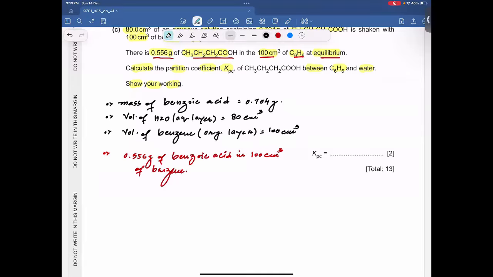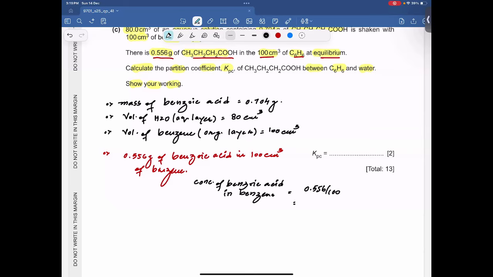So the concentration of benzoic acid in benzene is going to be 0.556 divided by 100.